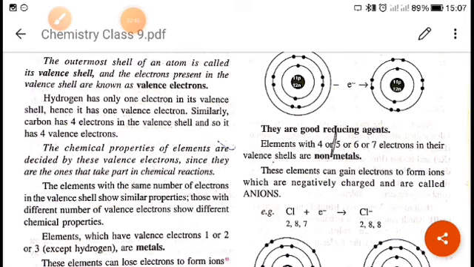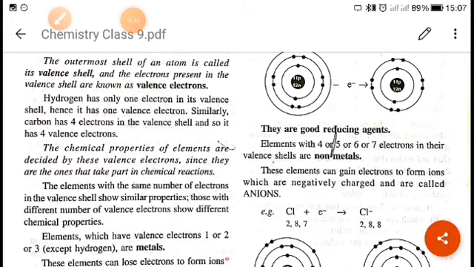Whatever chemical reactions you see between any two atoms or elements take place because of valence electrons only. So the chemical and physical properties of an element are decided by its valence electrons.